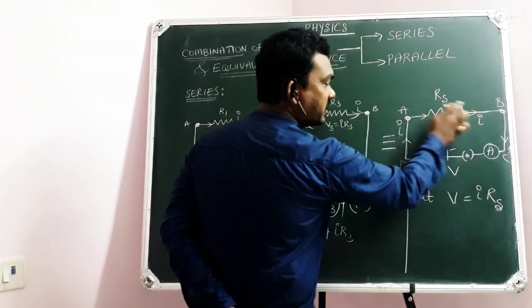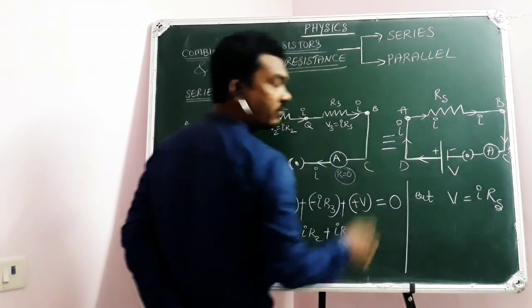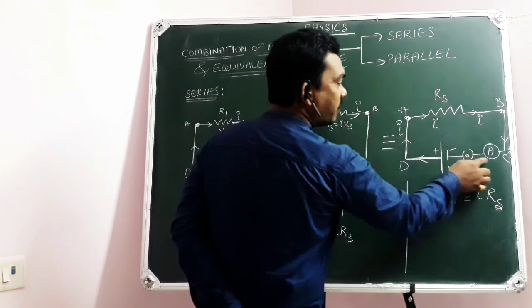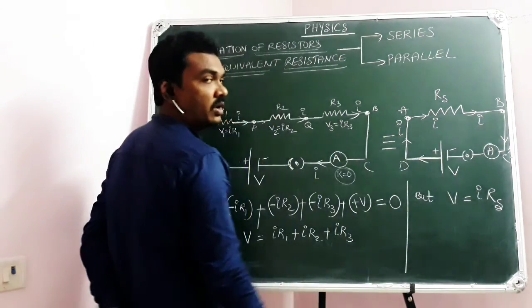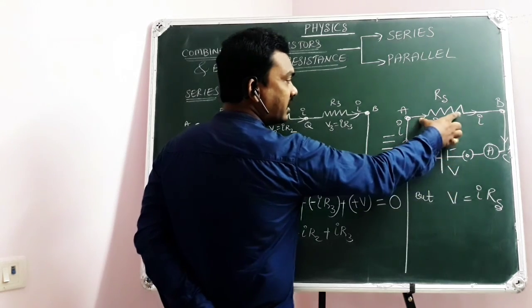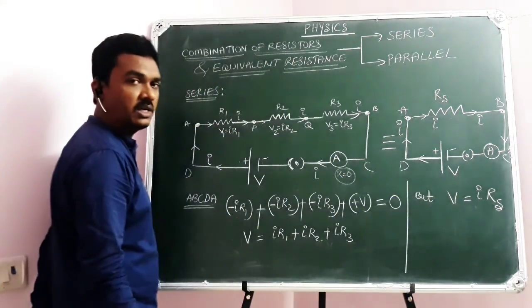Between A and B, the potential difference I into RS will be equal to V. V equal to IRS, because nowhere is there a potential drop up to A and B. So as RS is alone here across the cell, the potential difference across the resistor, I into RS, will be equal to V.